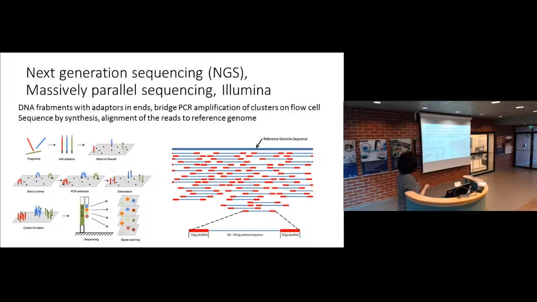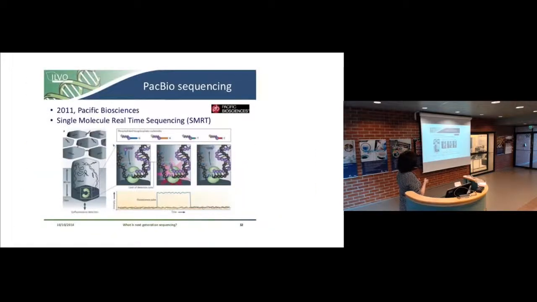So there is a size limitation in Illumina, but PacBio is able to sequence huge, very long fragments, which is useful, for example, for de novo sequencing, if you want to analyze an unknown species where there is not even a reference genome.